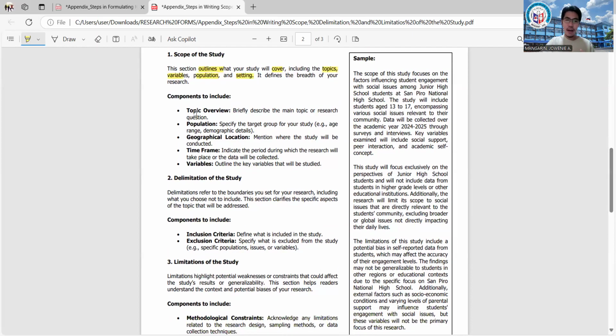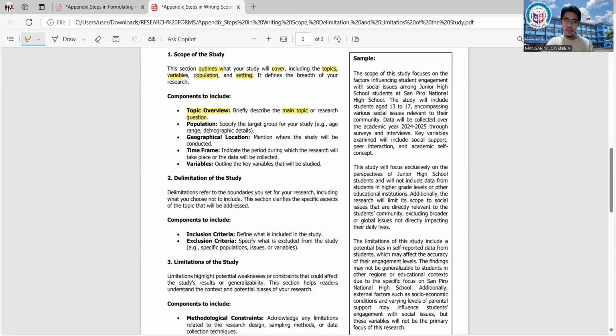So, we have to provide our readers the overview of our study. Technically, it talks about ano ba yung main topic na pag-aaralan natin or ano ba yung main problem na meron tayo sa ating statement of the problem. It is aligned with the general problem that we have mentioned on the statement of the problem, yung nasa pinakaitaas.